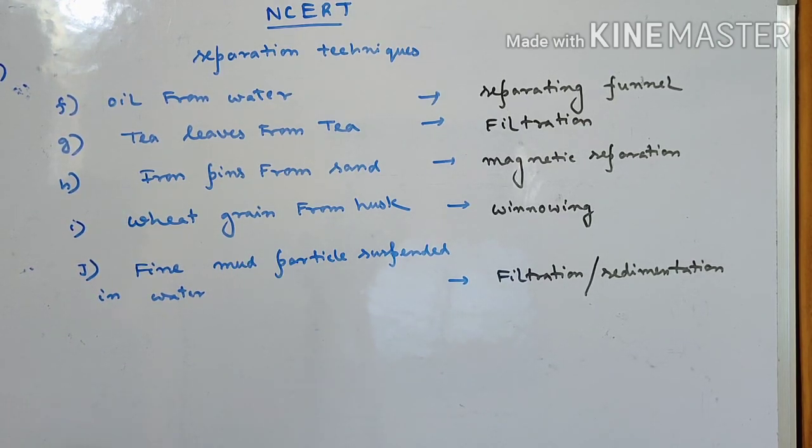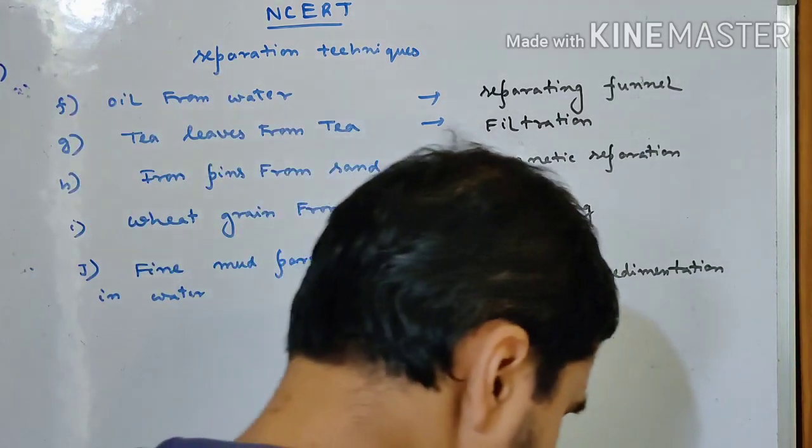Next is, write the steps you would like to use for making tea. The question I am not rewriting. Question is, write the steps you would use for making tea. Use the words solution, solvent, solute, dissolve, soluble, insoluble, filtrate and residue. So let me write down the processes.